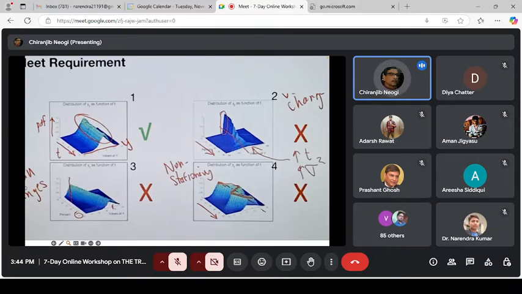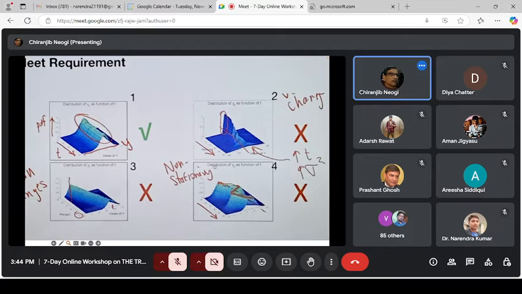But in the second, third or fourth panel, in any case, it does not satisfy the conditions. Figure 2 does not satisfy the conditions of stationarity, since there is a change in the variance of the series. In panel 3, there is a change in the mean values of the series.